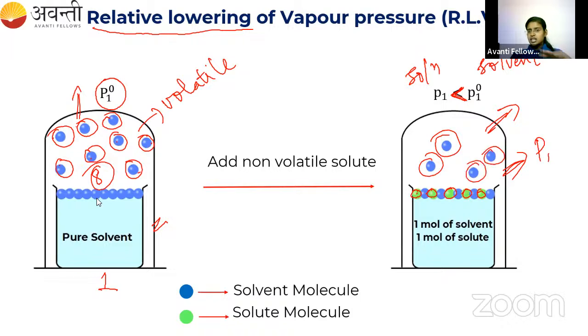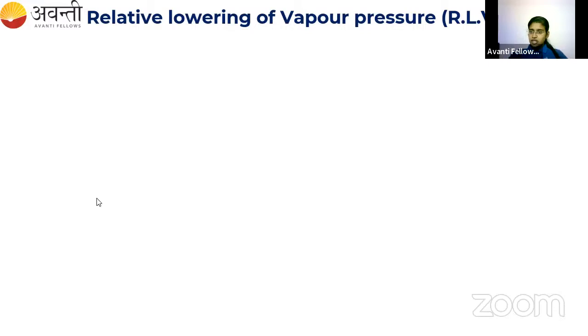The others are getting blocked by the solute particles. So there is a relative lowering of vapor pressure for the solution on adding the non-volatile solute. So this is the concept.